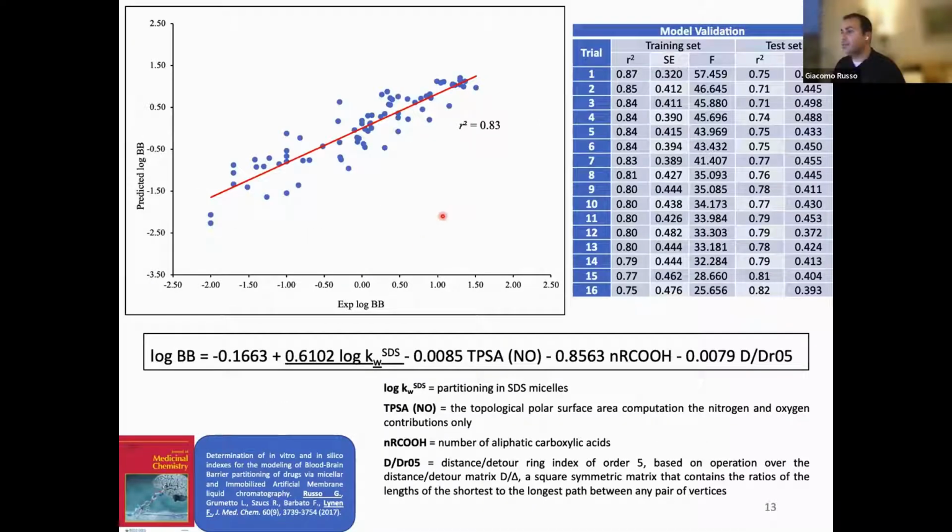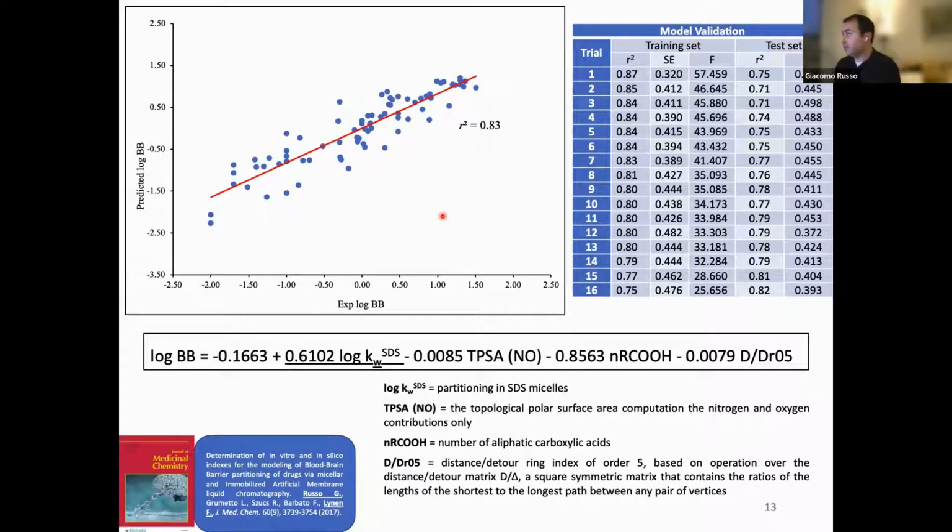When we went to model development, we could have really nice models with an R squared of 0.83 using the retention indexes achieved with micellar liquid chromatography using sodium dodecyl sulfate as a surfactant.